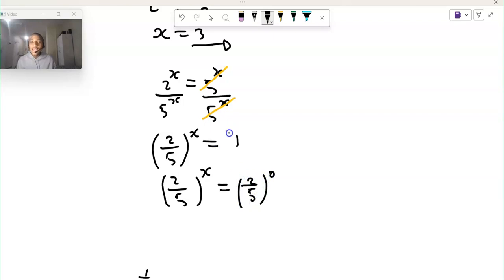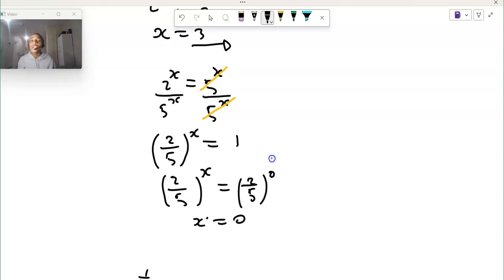Any number to the power 0 is going to give you 1, right? As our bases are now the same, we can just equate the exponents. Our exponents are x and 0, so the value of x here is equal to 0, right?